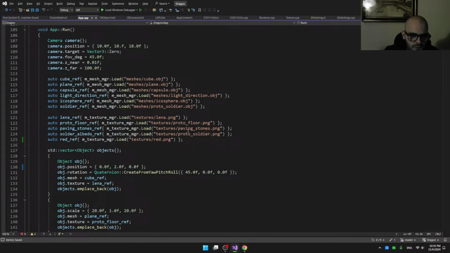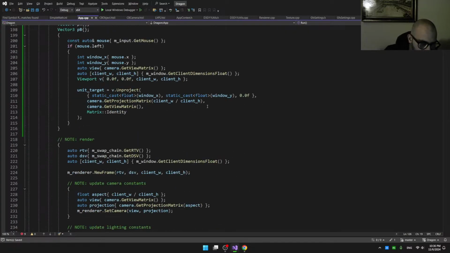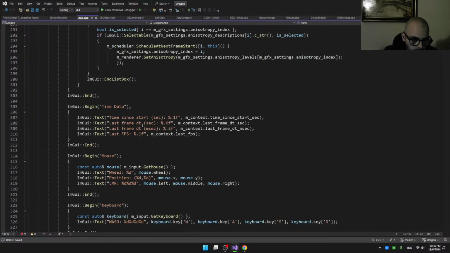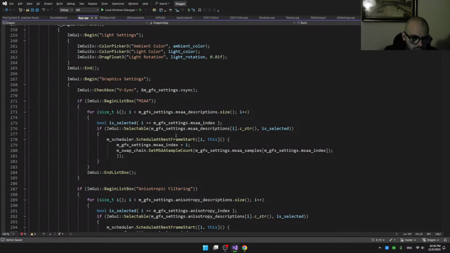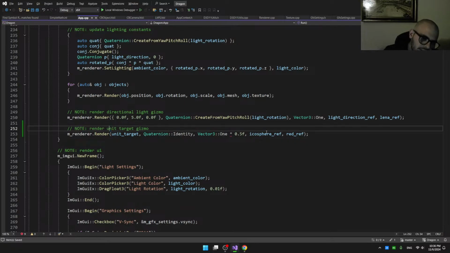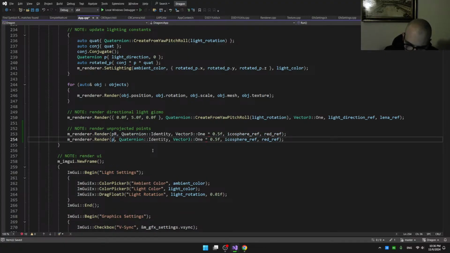Now blue, red, no, blue. And the idea is that, nope, render unprojected points. So PA, no, PAR for red, and PB.